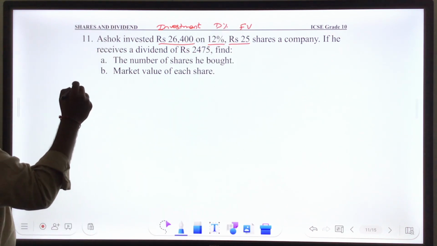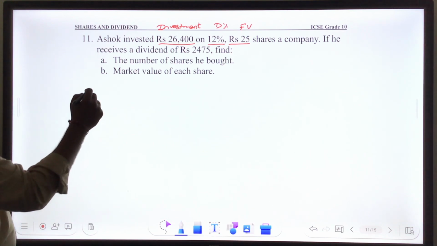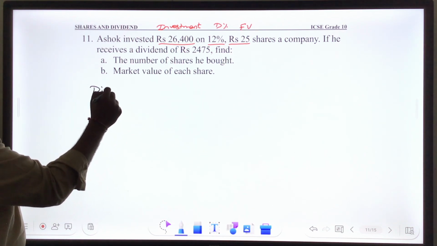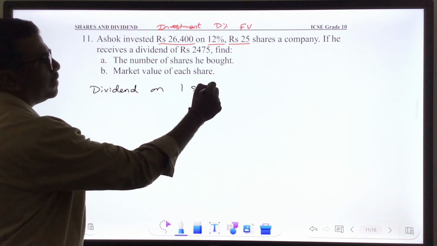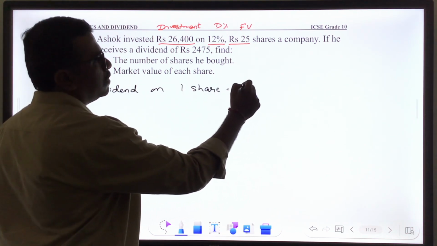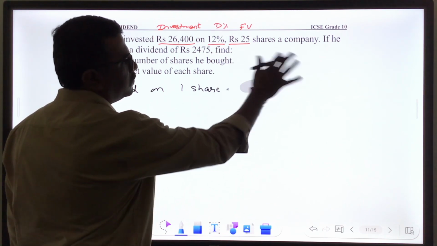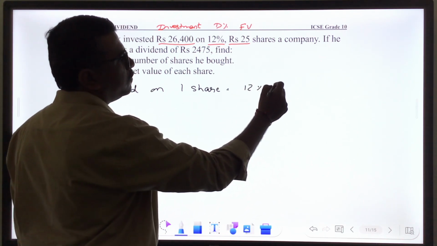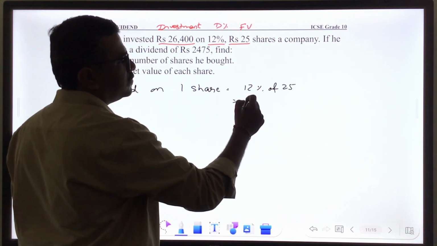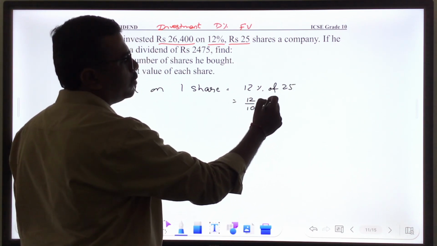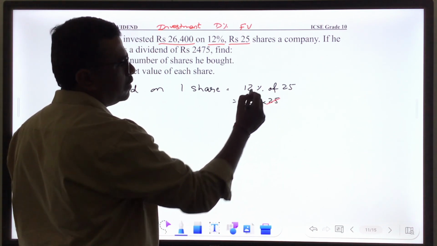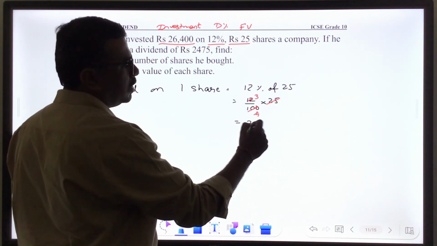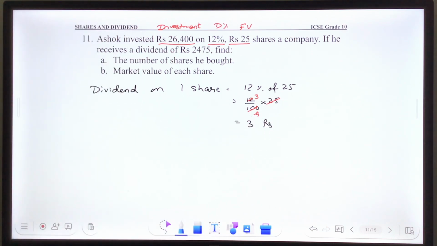So the dividend paid on one share is 12% of 25, which is 12 upon 100 into 25. On simplifying, we get 3 rupees. So the company is paying 3 rupees dividend on one share.